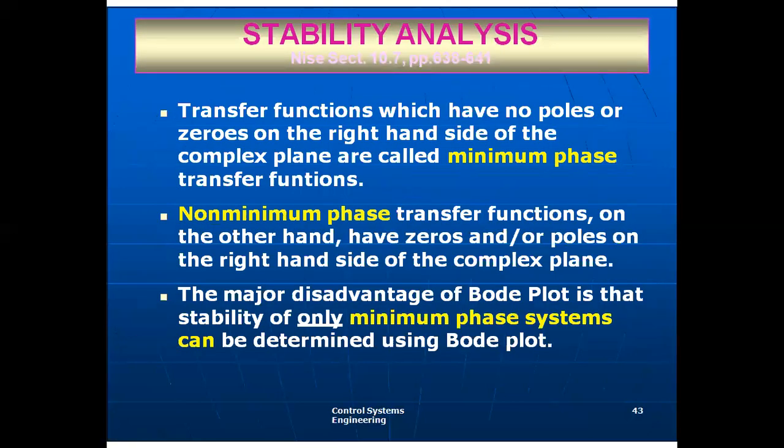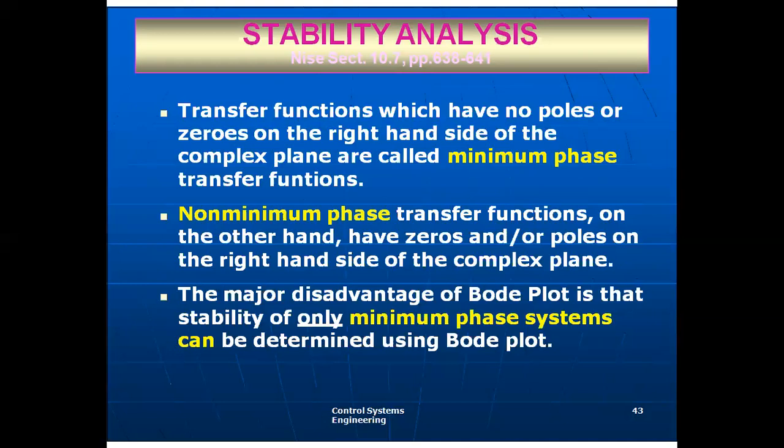And stability. How do you find the stability of a system by using the Bode plot? Transfer functions which have no poles or zeros on the right half of the complex plane are called minimum phase transfer functions. That is, if you have a transfer function, the numerator has zeros and the denominator has poles. We can find the values of S, that is, the poles and zeros of a system.